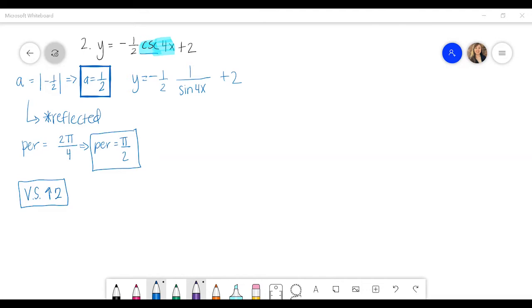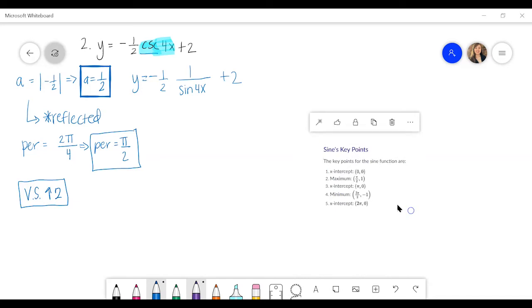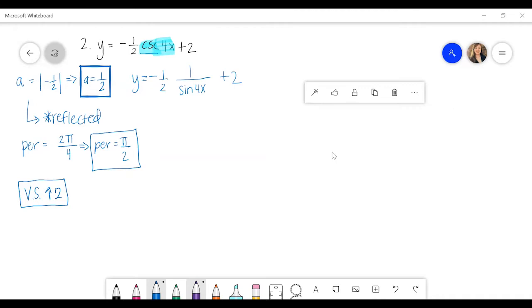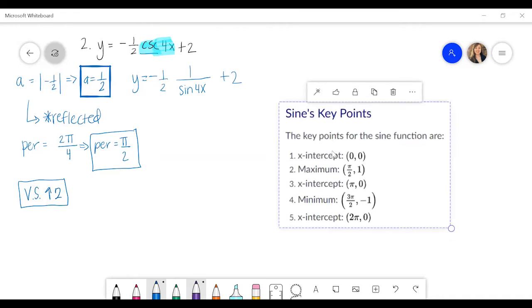So I'm going to bring out the key points for sine. And we're going to graph sine so that we can graph cosecant.